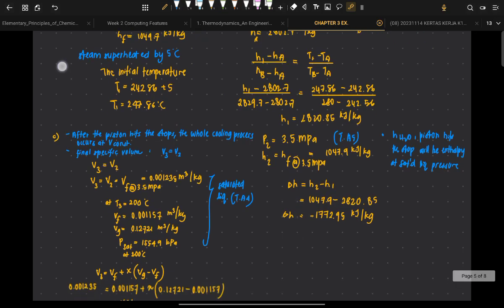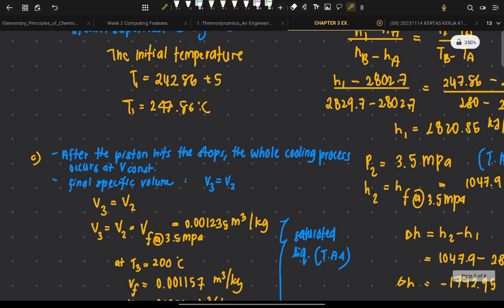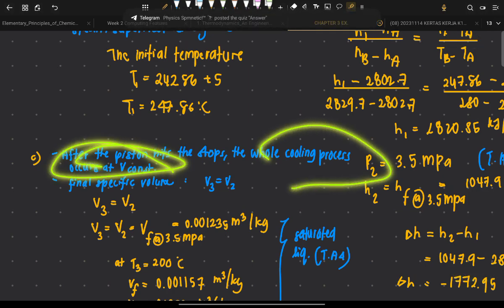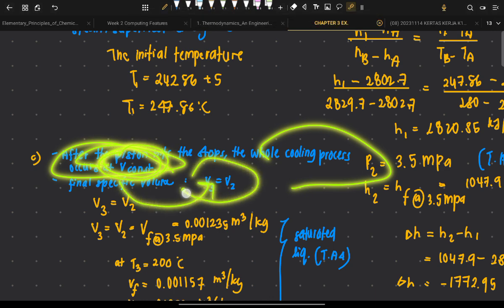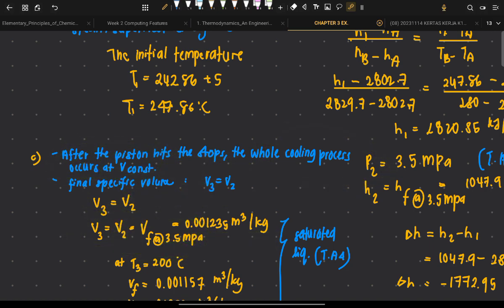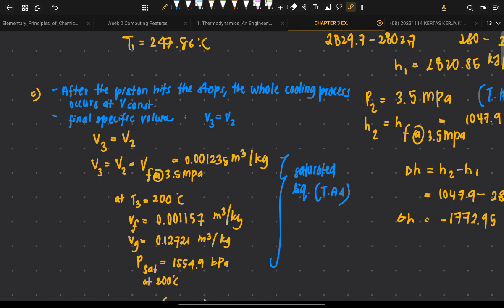Your answer for C: after the piston hits the stop, the whole cooling process occurs at constant V. So we know that if V is constant, it leads to V3 equals V2. So V3 equals V2, which is actually vf at 3.5 megapascal, and this is your answer, 0.001235 meter cube per kg. And how can you find this?